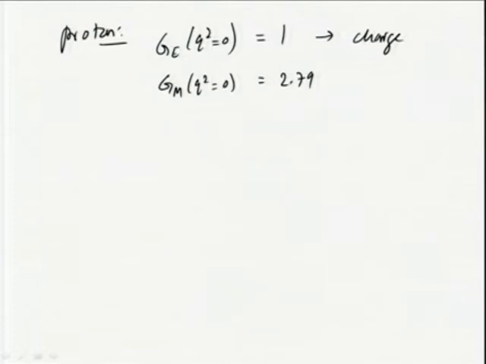For a spin half particle, we already have considered the magnetic moment. So, compared to the point-like spin half particle, if it is an extended or structured particle, then we have an additional or anomalous magnetic dipole moment.